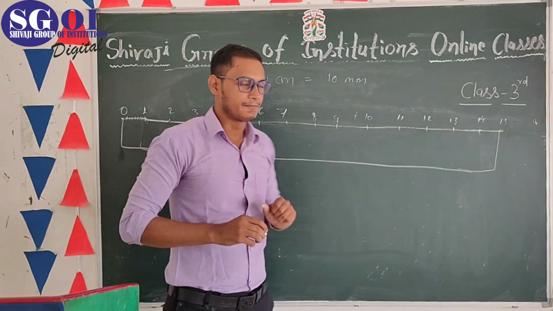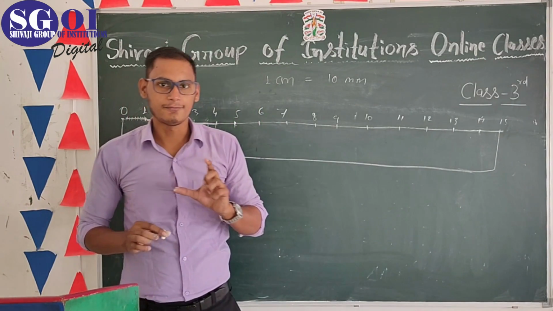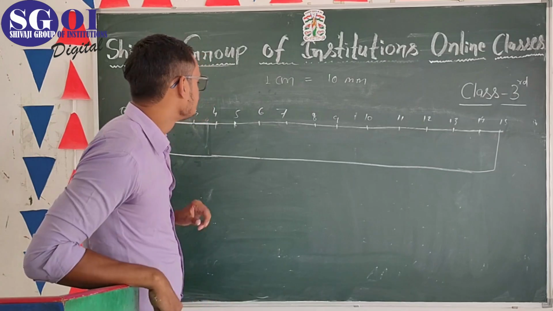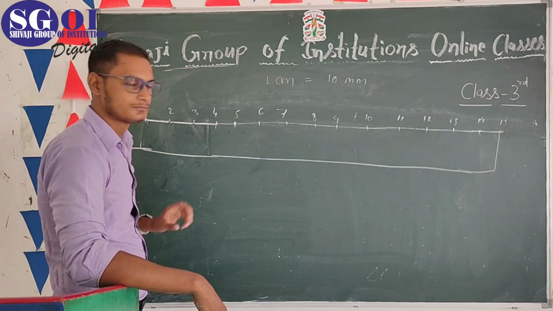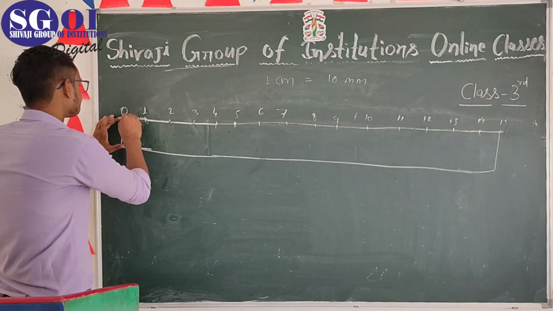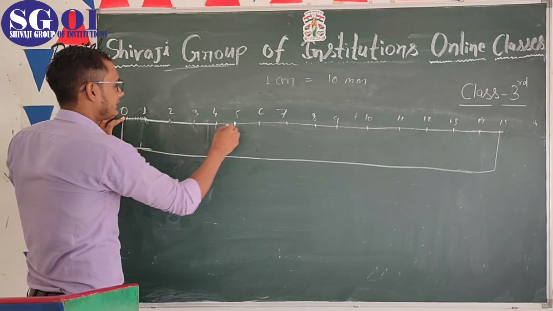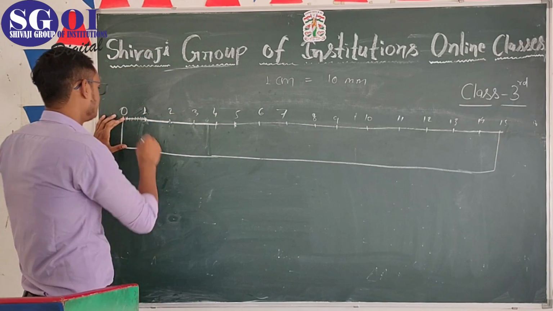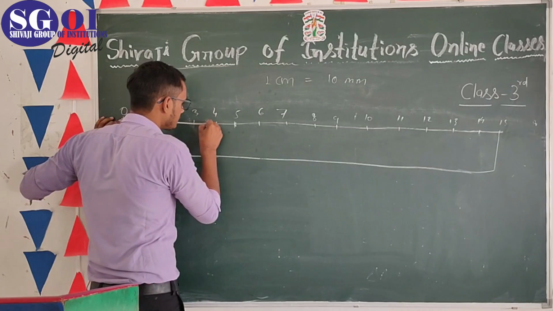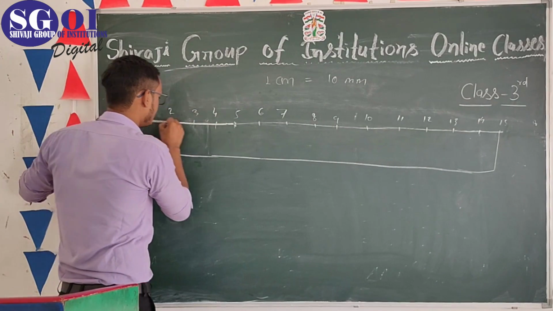And one thing, if we have to draw a line of 5 centimeter, how to draw it? So students, we put a point here and we put a point here and draw a line segment.